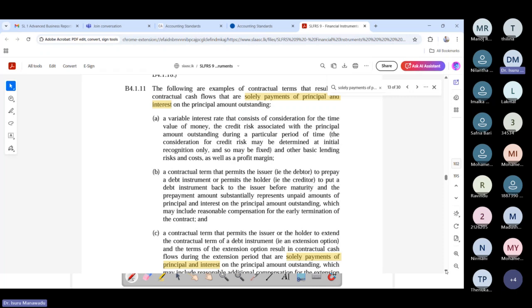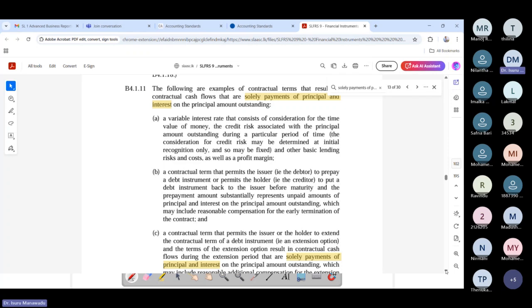Let's say now we have taken a loan from a bank and there is a specific time period to repay, but we have taken a decision to settle early. We cannot wait till the end of maturity. We have taken the loan for 5 years, but we decided to settle within 2 years, right?